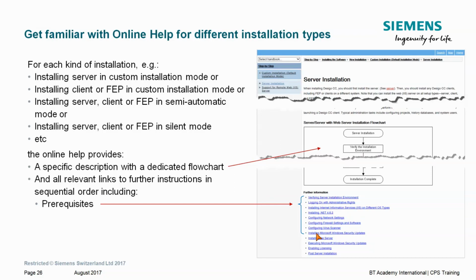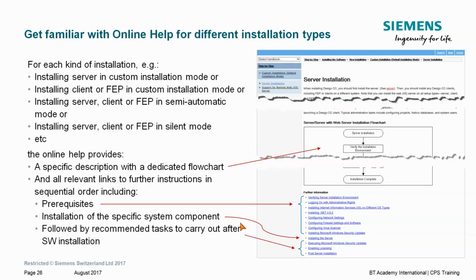You can click on it and then you get further instructions. Then there is a section where instructions are available for installing the server in this case, the installation of the specific system component, followed by recommended tasks to carry out after software installation.